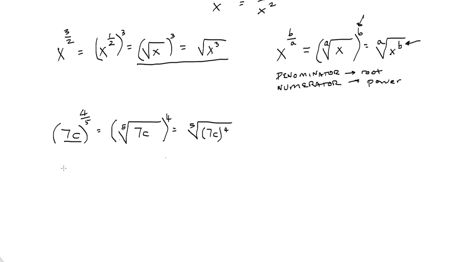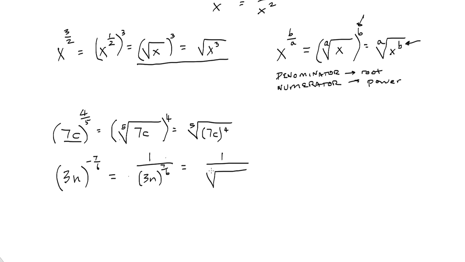What about negatives? What if I have 3n to the negative 7/6? Well, that's 1 over 3n to the 7/6. 1 over, what goes here?